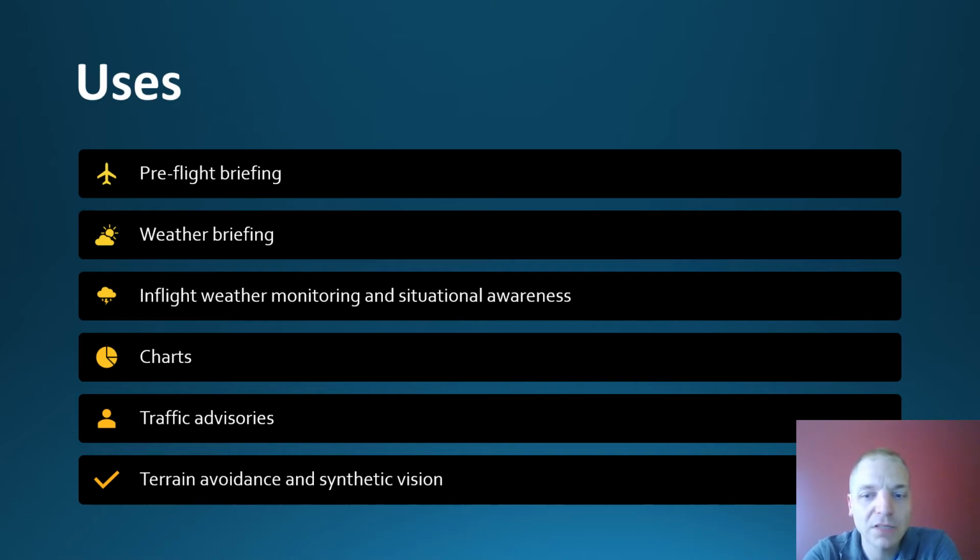Terrain avoidance, synthetic vision. This is a feature that not all EFBs have. A lot of these features aren't necessarily in every EFB. With ForeFlight, I know it's optional. I have it more for an emergency, kind of a last resort feature if I'm flying in hard IMC and were to lose the entire electrical system.